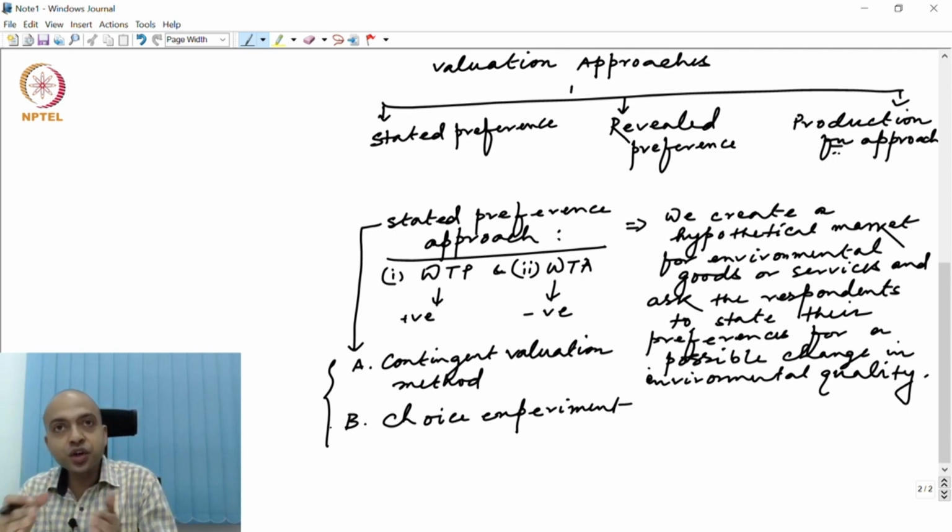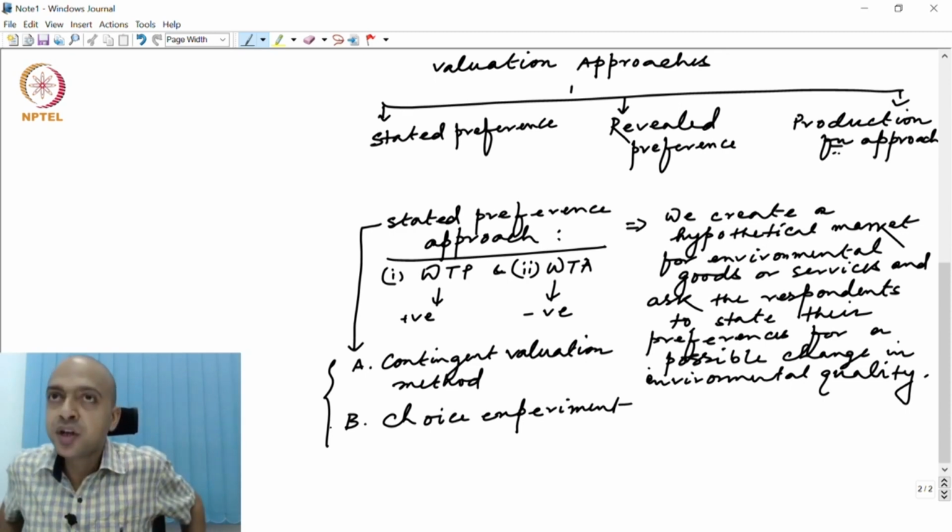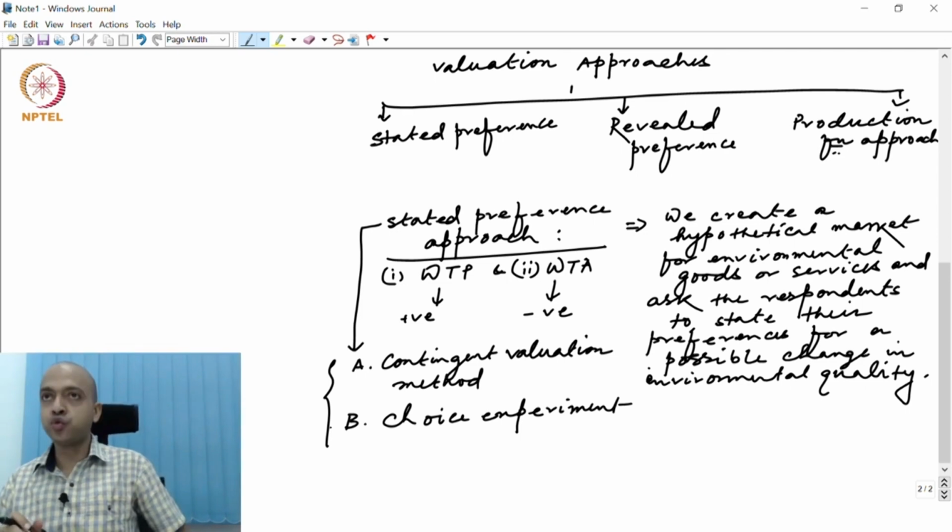And since this is not real payment, this is through a hypothetical market, we are asking question about a potential payment. This is called stated preference. So that means they will only state their preference either by quoting their willingness to pay or willingness to accept. This is not a real payment that the respondents are going to make.